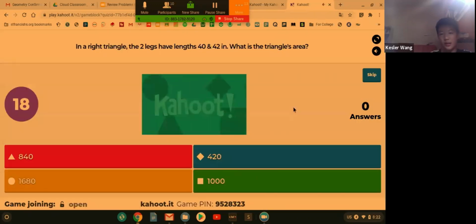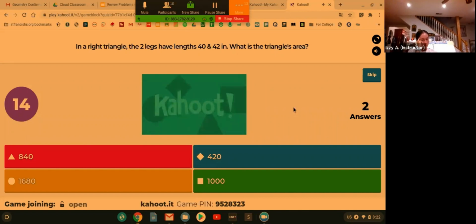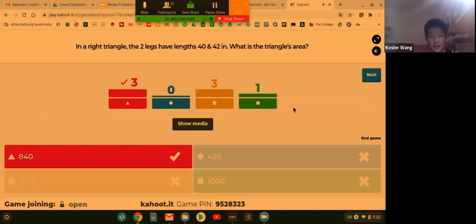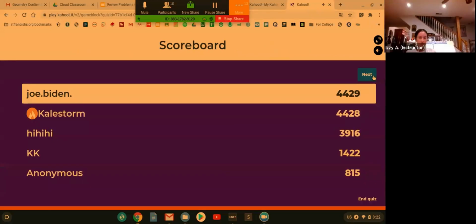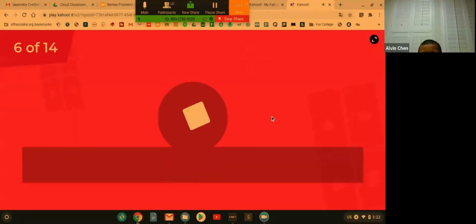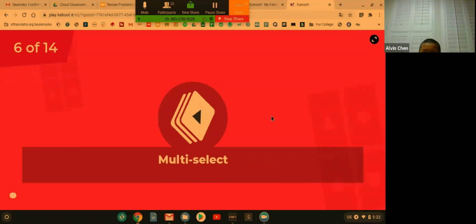What is the triangle's area? Only a few seconds left. Well, now I'm 1 point behind the first.